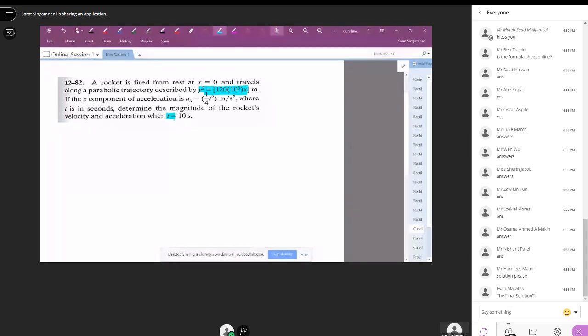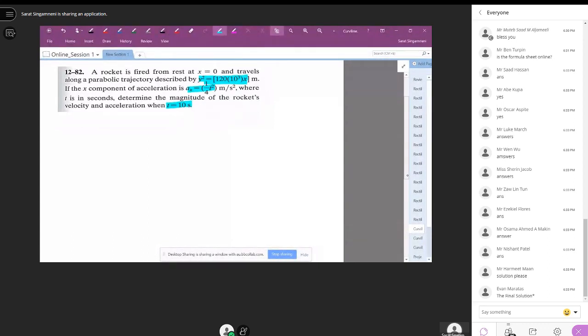So at t equal to 10 seconds, we need to calculate the velocity and acceleration. Acceleration, horizontal component we know, but we don't know the vertical component. So we need to develop equations for that.